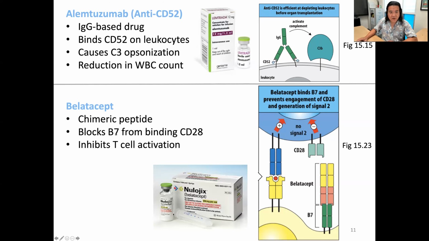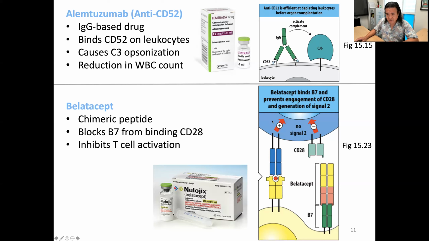Here's another example of not an antibody, but just a small peptide, this belatacept over here. It's a chimeric peptide. It's very clever. If you look at this cartoon on the right, this should be familiar to you. Here is an antigen presenting cell on the bottom over here, right? It's presenting something like a peptide on MHC protein.